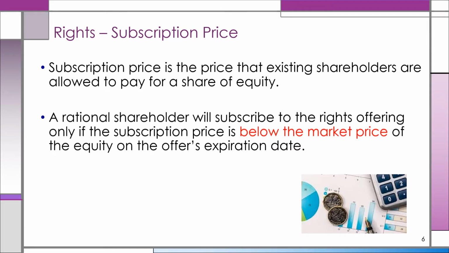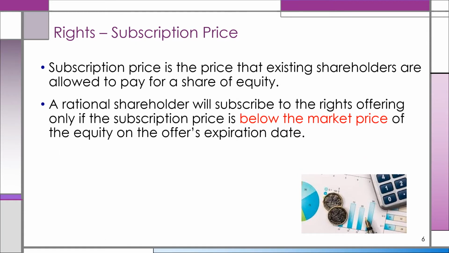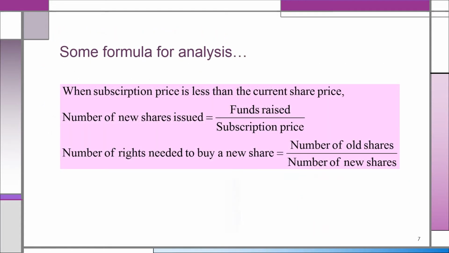Rights issues are offered at a discount to the current market price, commonly in the region of 15 to 20%. This discount makes the new shares more attractive to shareholders and allows for any adverse share price movements prior to the issue.